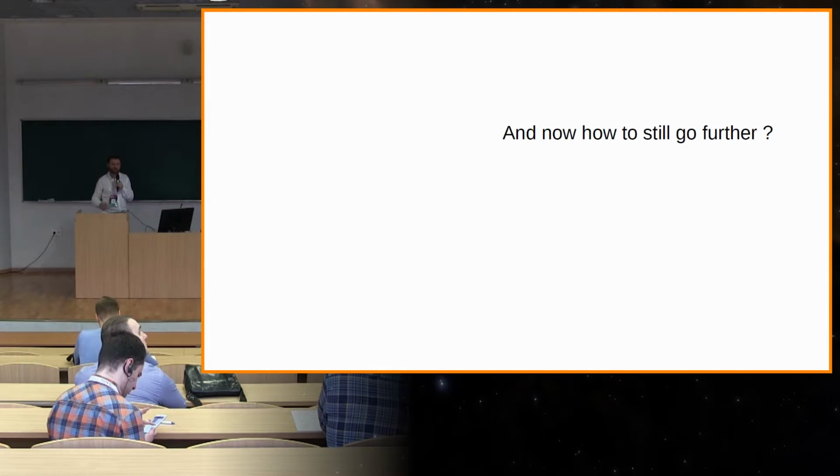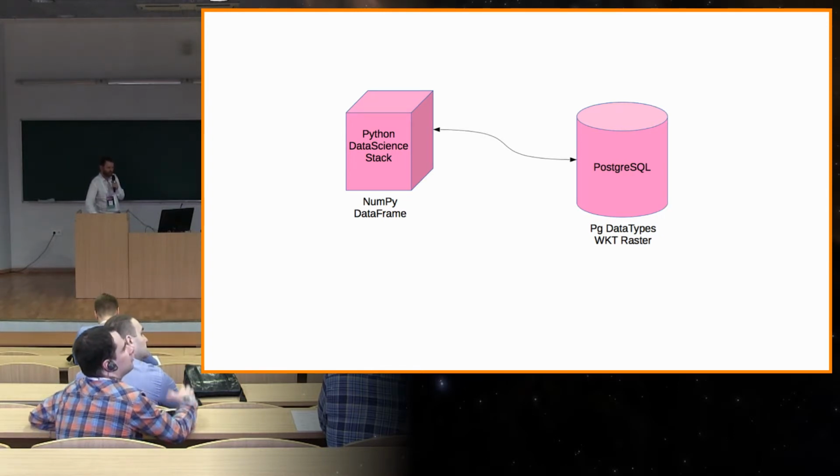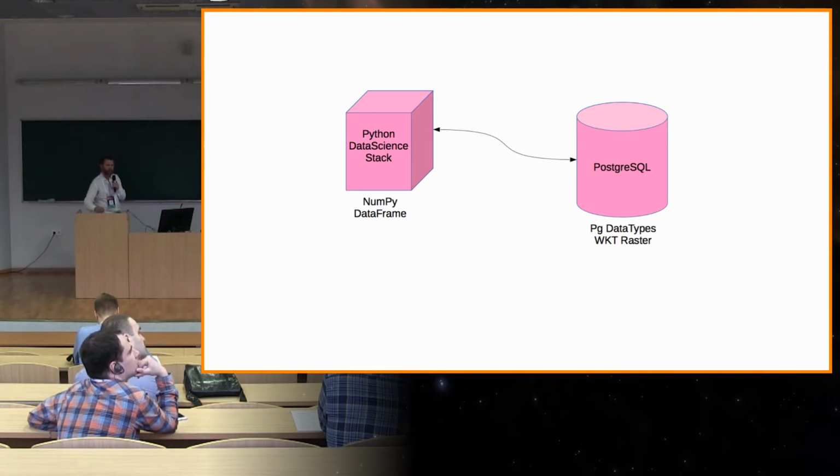But the question is always how to go still further. If we want to play more, there is a quite interesting toolbox based on the Python data science stack. And if we tie this stack with Postgres and with all the GIS functions in Postgres, there is a quite interesting thing to do.